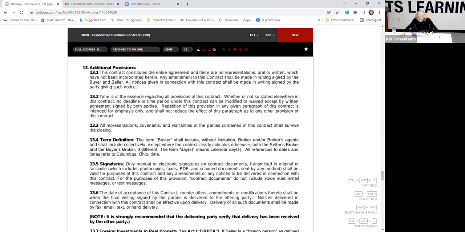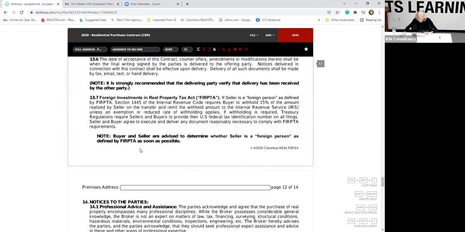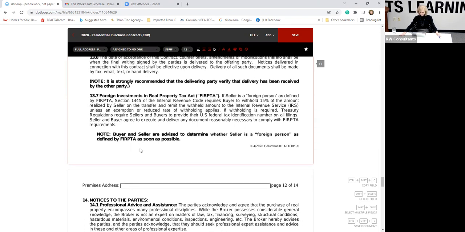15, that's all. Nothing we have to put into it. And 13.7 is the FIRPTA Act. And honestly, I think there's a lot of people that really don't know what it is, but if you have a foreign investor selling a property and they have never paid income tax, they don't have a social security number, then they have to pay like 15% to the IRS.